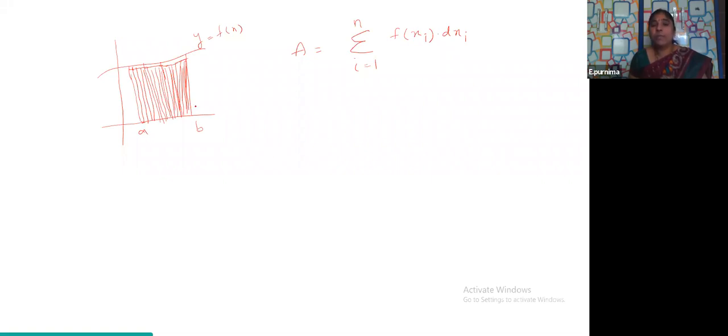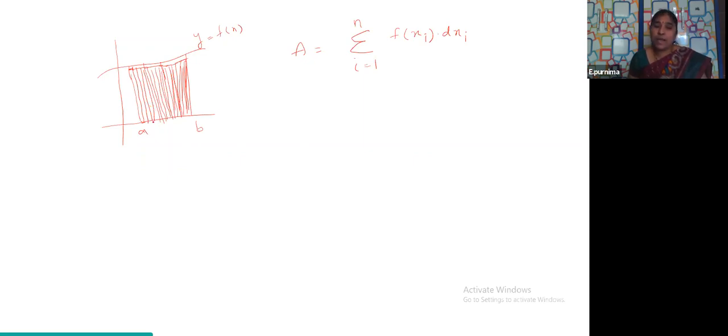So the rectangles come very close, almost touching. As the n value is more, the dx value goes on reducing, and it becomes infinitesimally small. Infinitesimally small means almost ignorable. That small means the most accurate value you can expect.